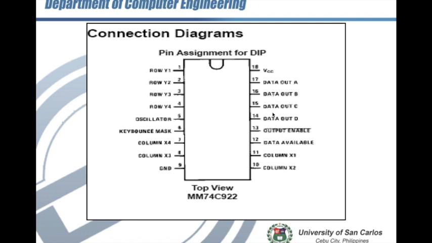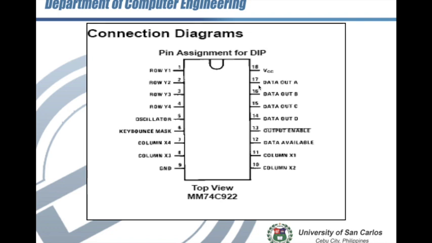Now this is 4-bit, so 2 to the power of 4 is 16, so there are 16 individual addresses here, or 16 keys. This particular IC is designed for 4x4, 3x3, 2x3, 3x4, 2x4, or 1x4. You could run it in that or any combination, like 3x3 or 1x2, because it has a total of 16 addressable keys.